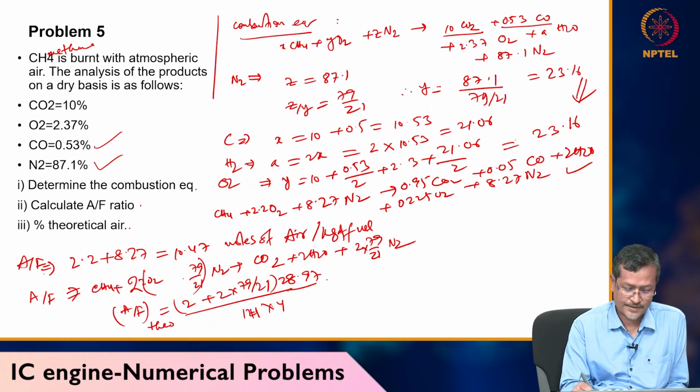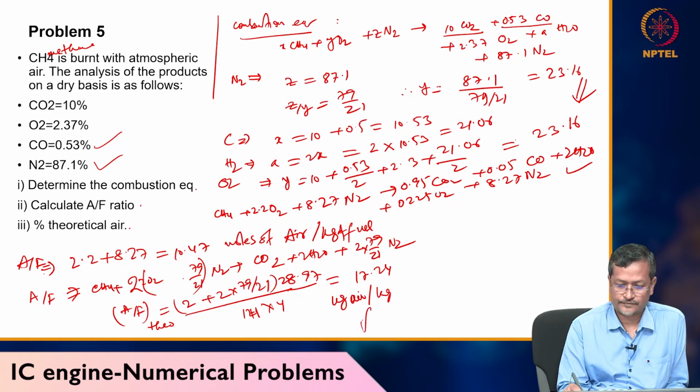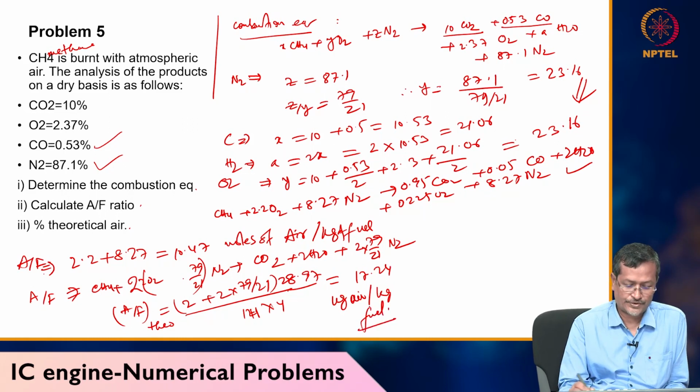This is the fuel mass. So it becomes 17.24 kg air per kg fuel. So this is your answer.